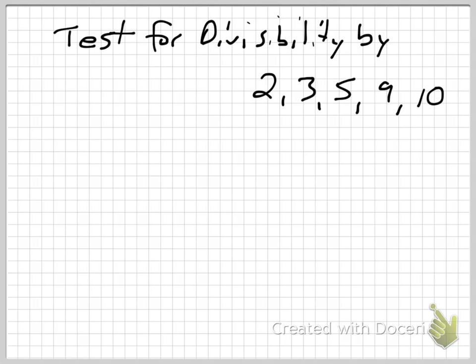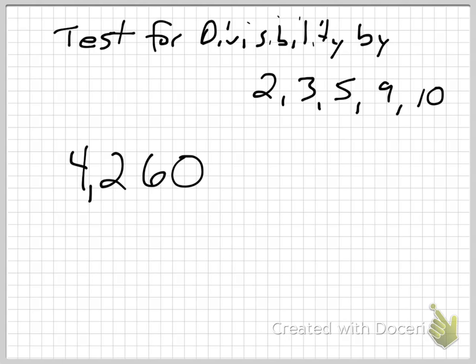Meaning, I'm going to give you a number, and I want you to tell me if it's divisible by 2, 3, 5, 9, or 10. For some of them, it's going to be more than one. Right? Let's see. You tell me. Let's try a big one here. 4, 2, 6, 0. Test for divisibility by 2, by 3, by 5, by 9, and by 10. Is this going to have more than one answer?